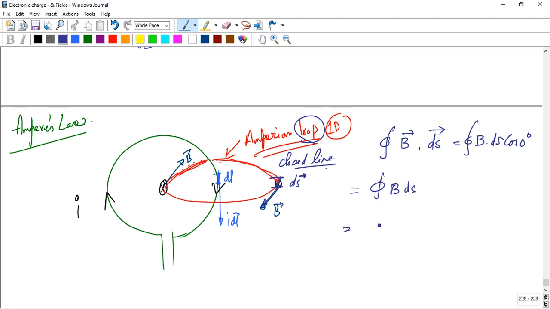Now B is outside the integration of ds, so we get finally the length s.